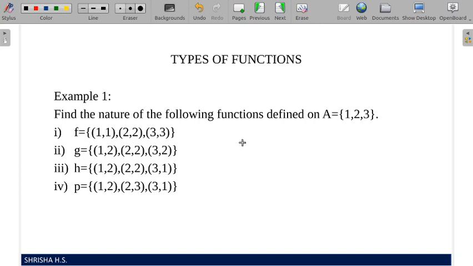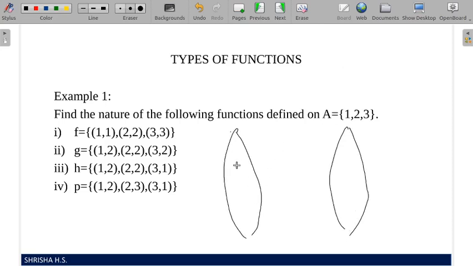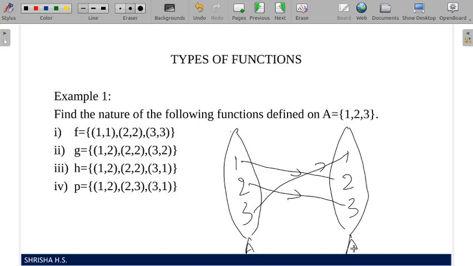Next one, function p. So 1 to 2, 2 to 3, 3 to 1. So we have different mappings for different elements of set A. And it's also an onto function, because every element in the codomain has a pre-image.